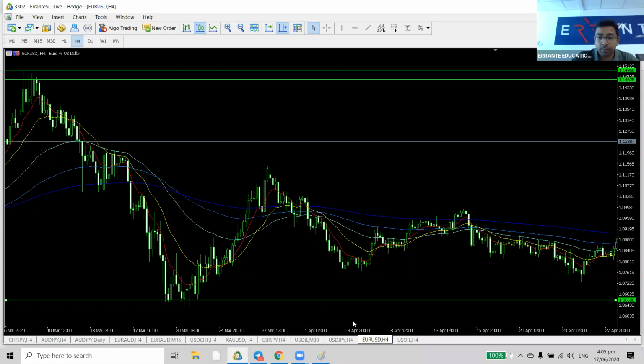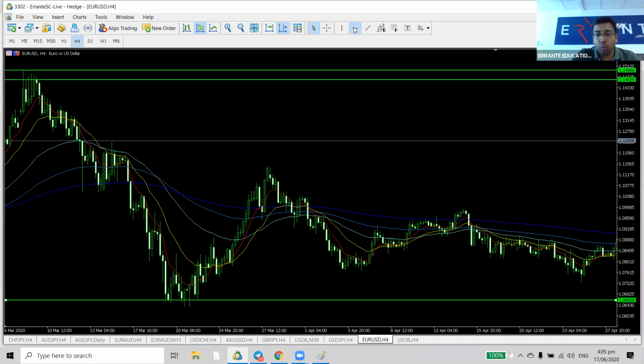The lowest body goes to 1.0660. Okay, 1.0660. Now 0.0660 is just about 10 pips. The difference is about 10 pips from the 1.0650 psychological level.